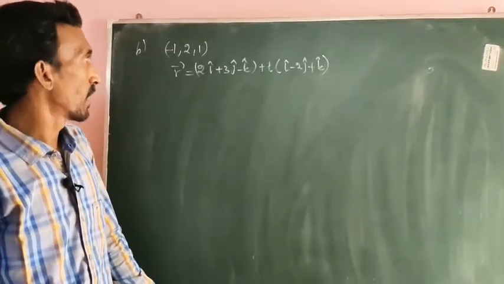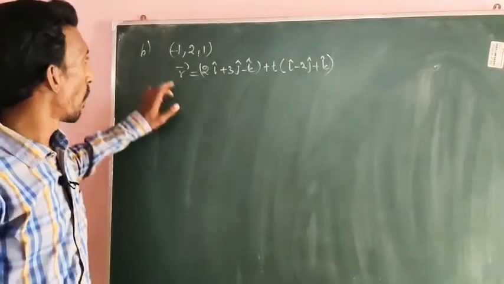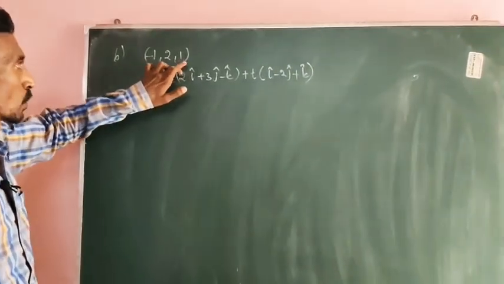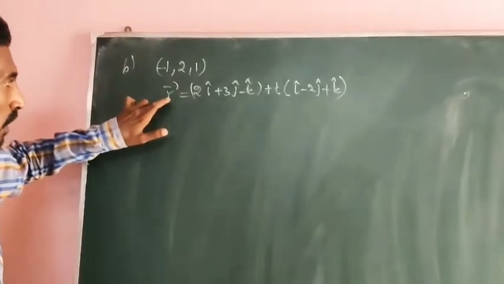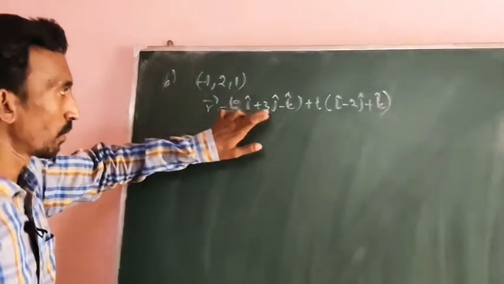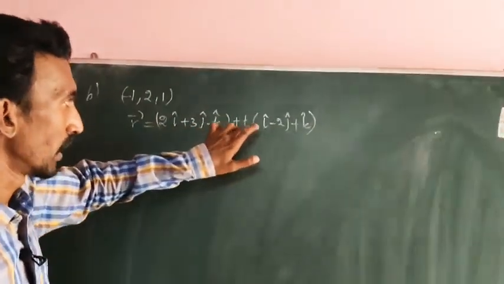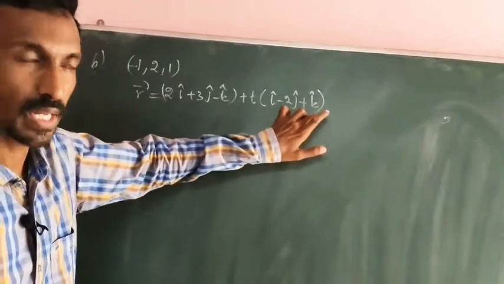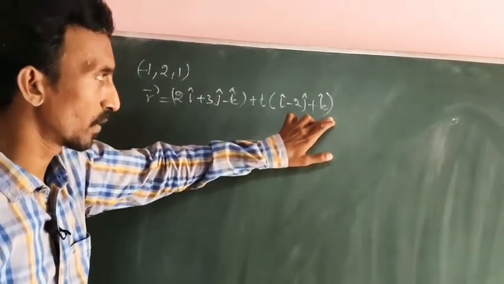Find the parametric vector form of a straight line passing through the point minus 1, 2, 1 and parallel to the line r vector equal to 2i plus 3j minus k plus t into i minus 2j plus k, and also find the shortest distance between them.